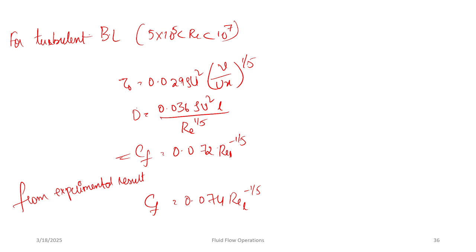Regarding the stall phenomena, the angle of attack is very popular in aerospace engineering and in the air industries. That was also explained during the class, so I'll not be going into that part.